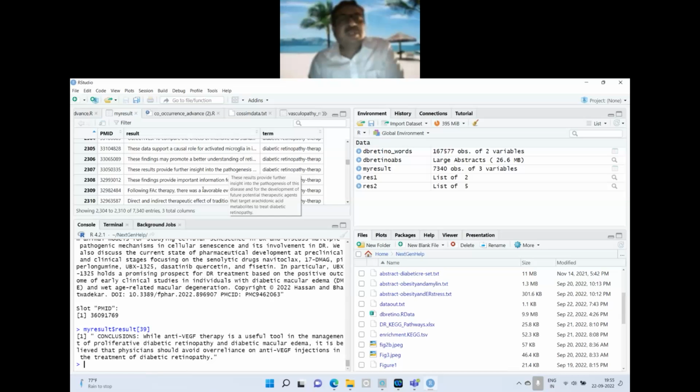And let's see what else we have. We have this FAC therapy, where they again mention that there is a favorable evolution and a clear regression of the DR severity.